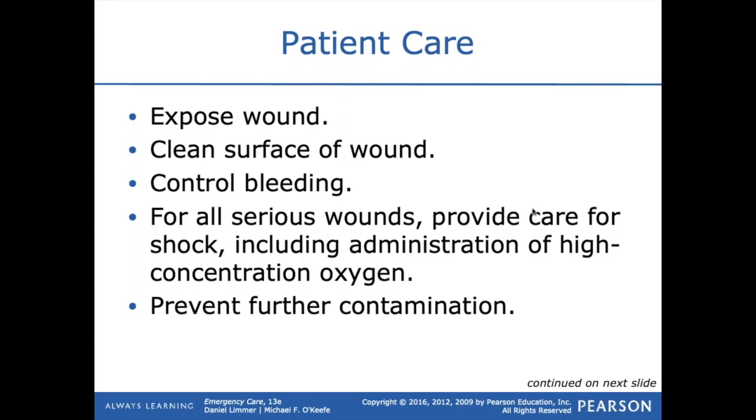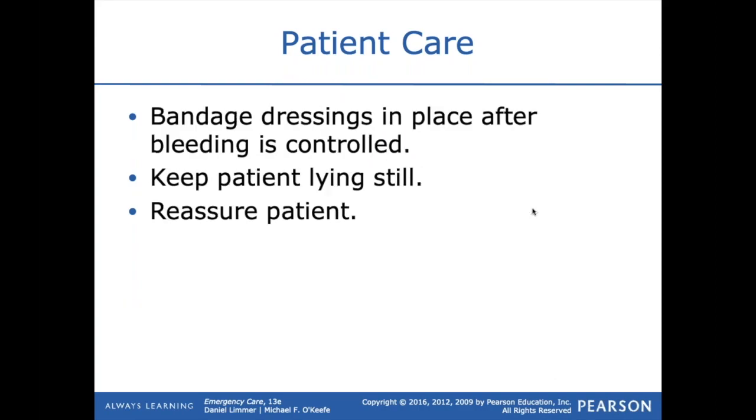That sympathetic response to bring platelets to the wound site, to bring white blood cells to the wound site, increases metabolism, burns through oxygen. Okay? And again, prevent further contamination. If they're bleeding to death from something else, worry about the road rash later. But do what you can when you can.